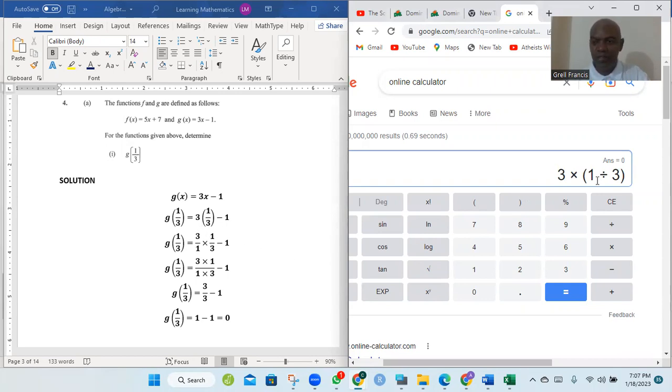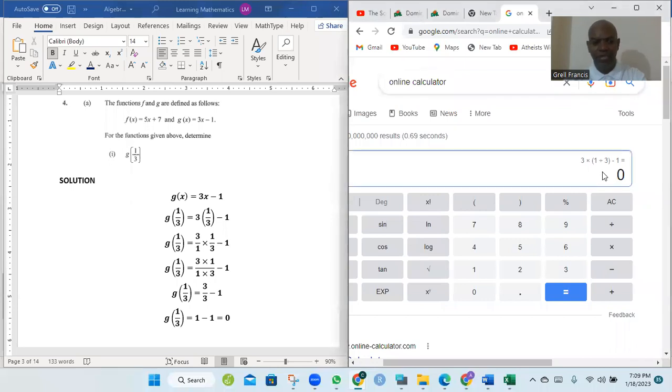And then you press enter, you're going to get 1. So 3 times 1 over 3 is 1. Here it is. And 1 minus 1 is equal to 0. So please prove that in your calculator. Get out your calculator and prove that. Pause the video and prove it.